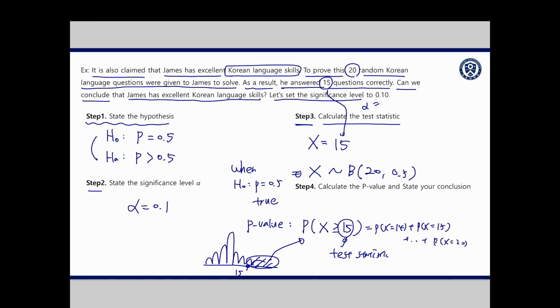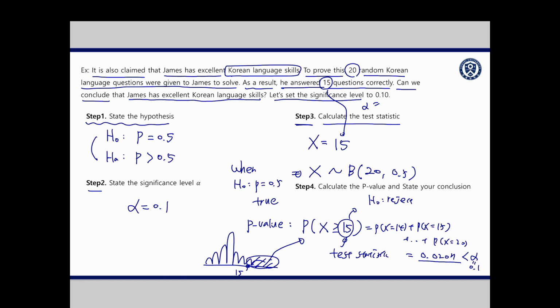This value is 0.0207. Since this is smaller than the significance level alpha 0.1, we reject the null hypothesis.